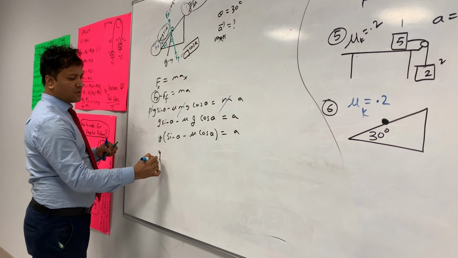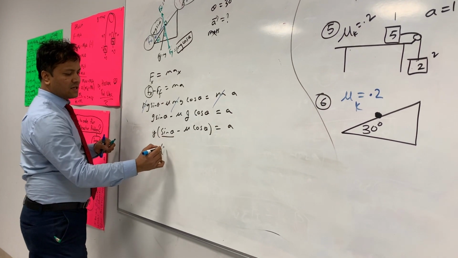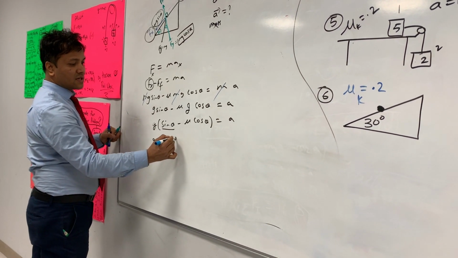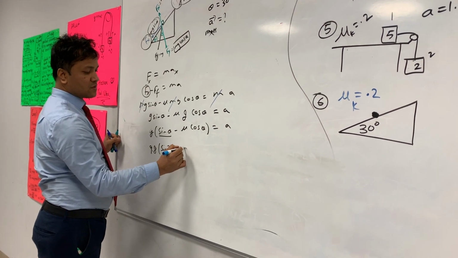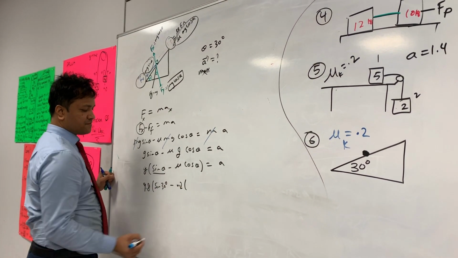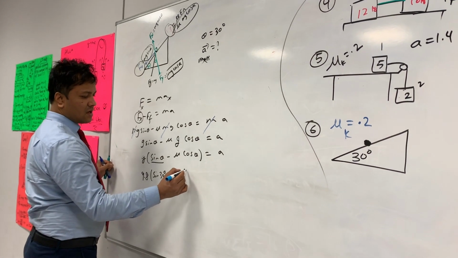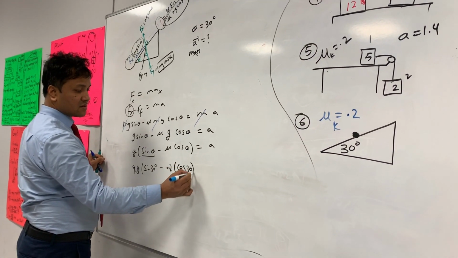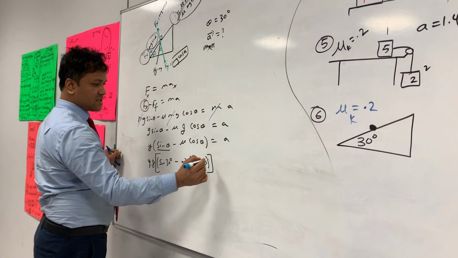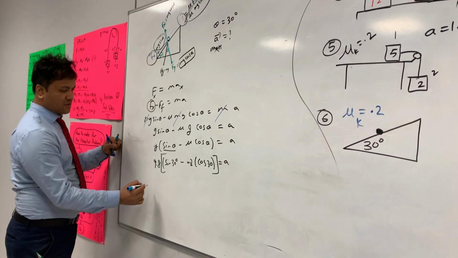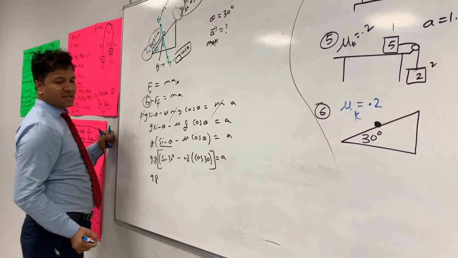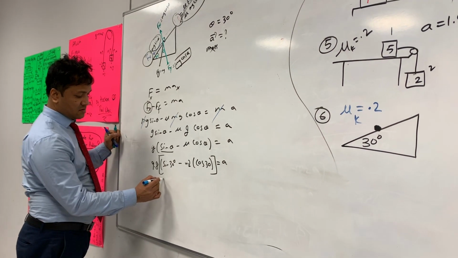Alright, so g is 9.8. Sine theta, sine 30 degrees, minus mu, which is 0.2, times cosine theta, cosine 30 degrees. So this is our acceleration.